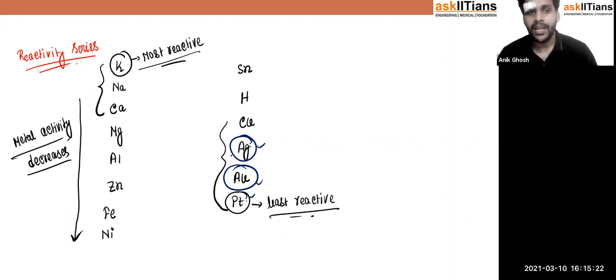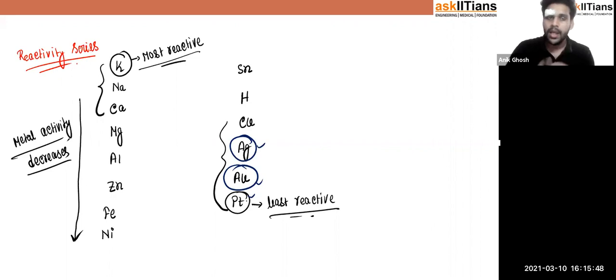That's why we do not use sodium, potassium, magnesium in kitchen utensils or things like that, because they are very reactive, right? They would react with the other elements that they may come across.